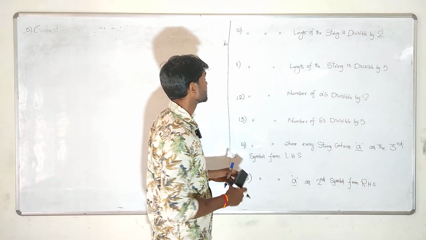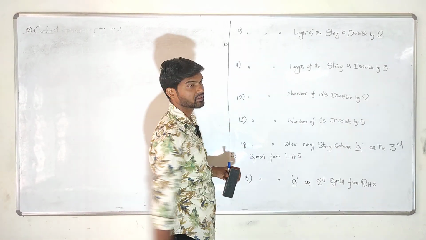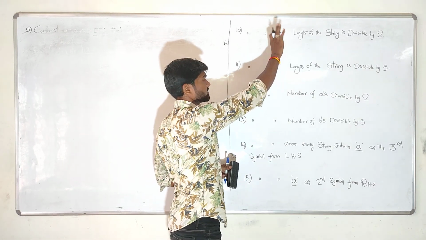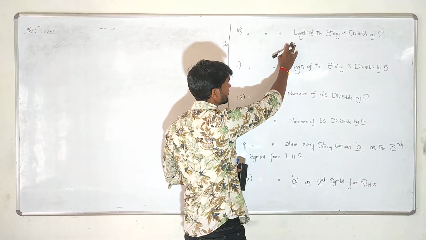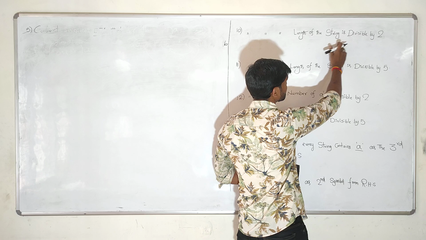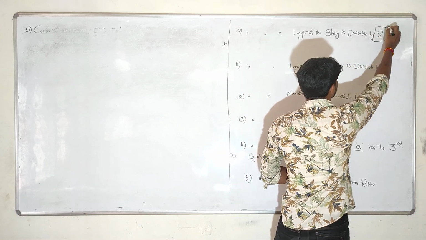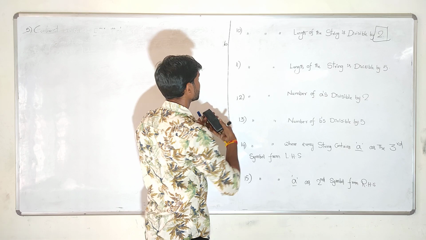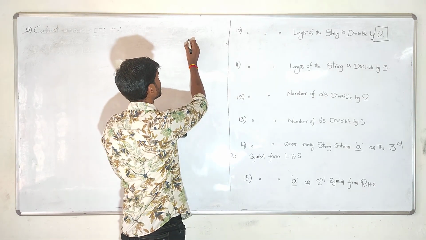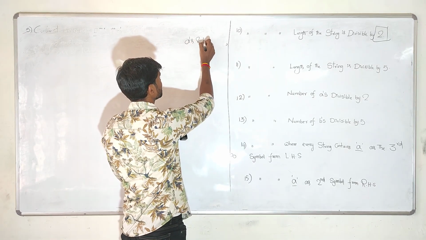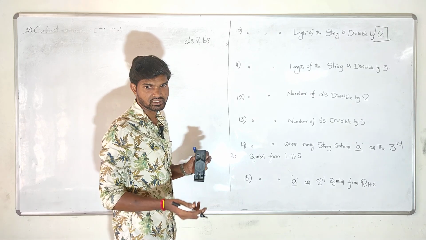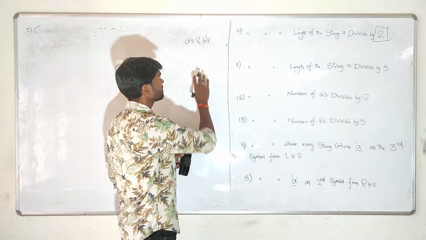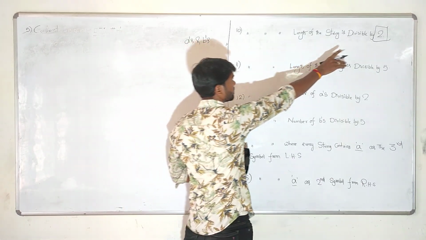Now coming to the 10th question, same: construct a minimal DFA that accepts all the strings of A's and B's where the length of the string is divisible by 2. The length of the string is the combination of A's and B's, and that length should be divisible by 2.